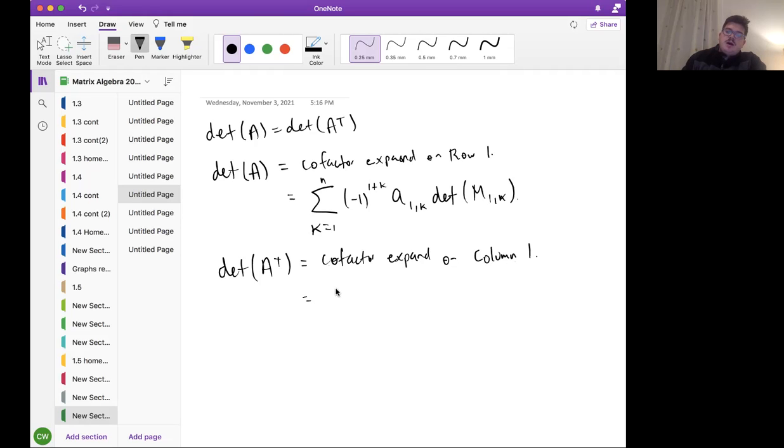So someone tell me what the coordinates would be if we're doing column instead of row.